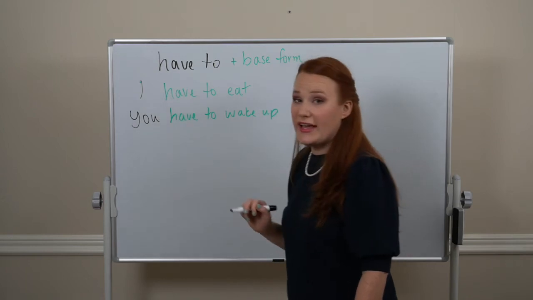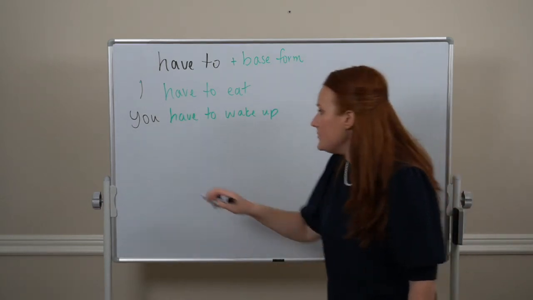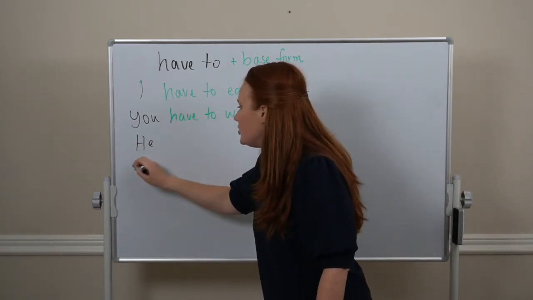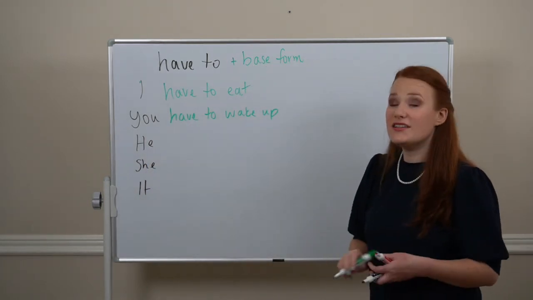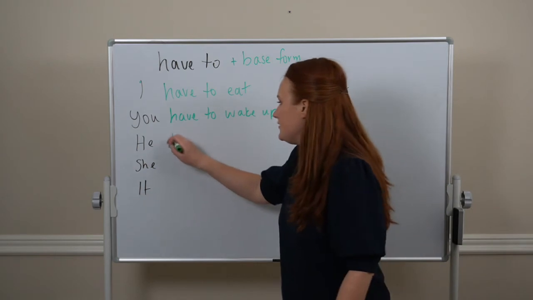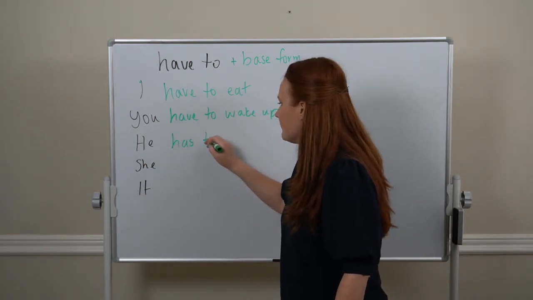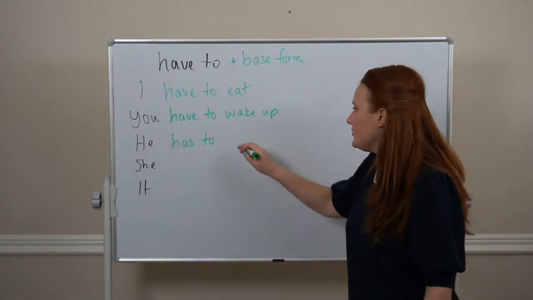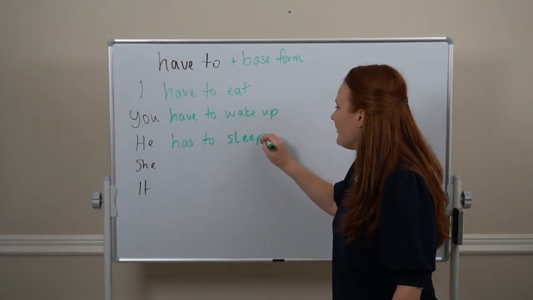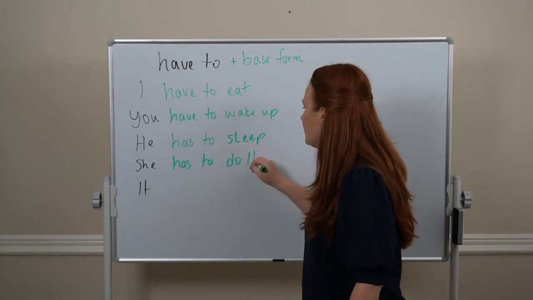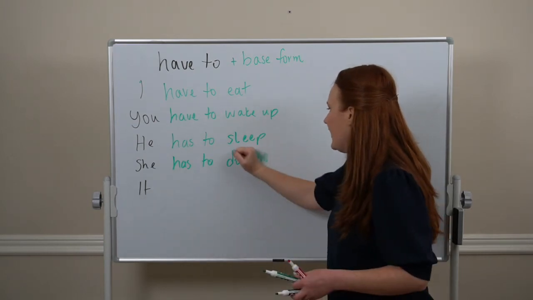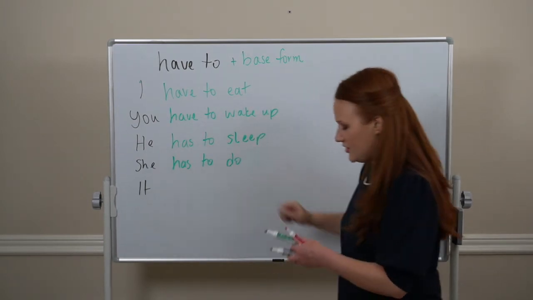you have to wake up, but when it comes to he, she, and it, it's not have, what is it? Has. He has to sleep. She has to do homework for the test. Put that in the object place.